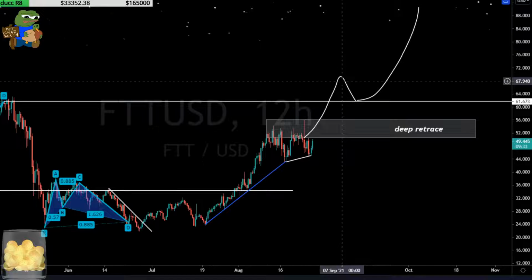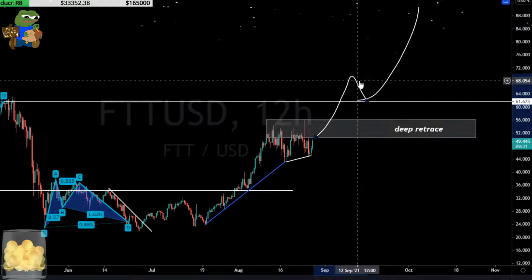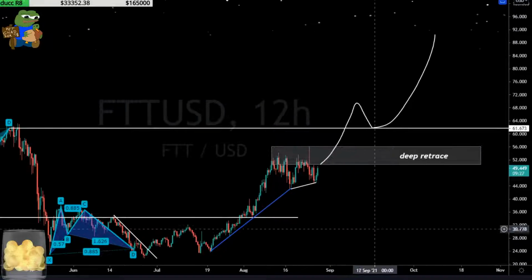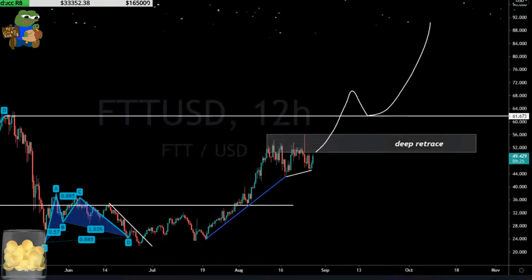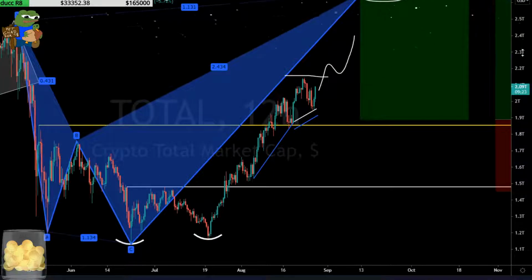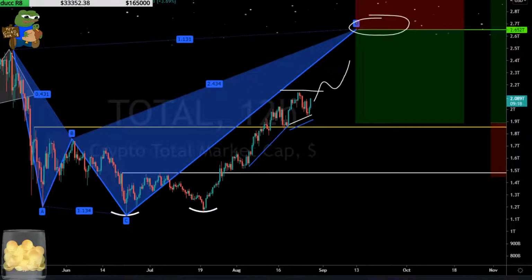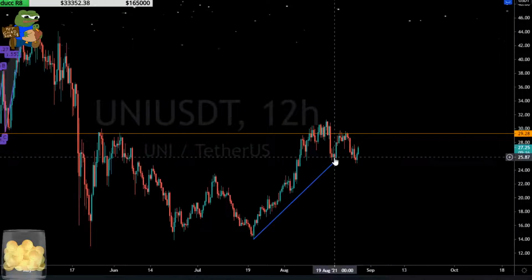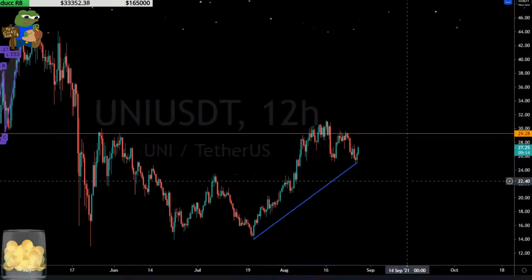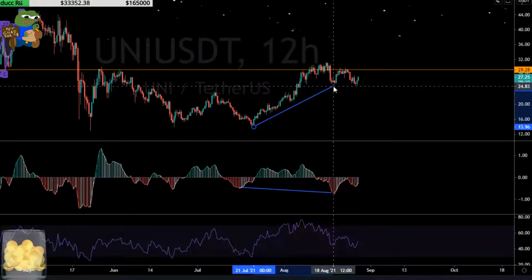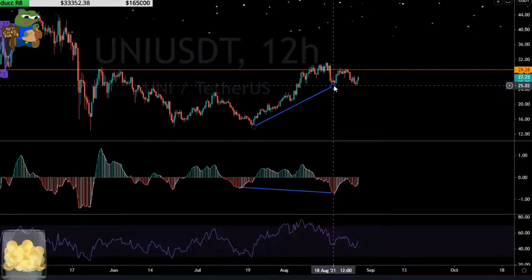If those go, it's going to bring everything. I mean, we just said total's going to go. So how would total go if all these shit coins aren't pumping? If we're expecting total to come all the way up here, then we need all of these shit coins to pump as well.